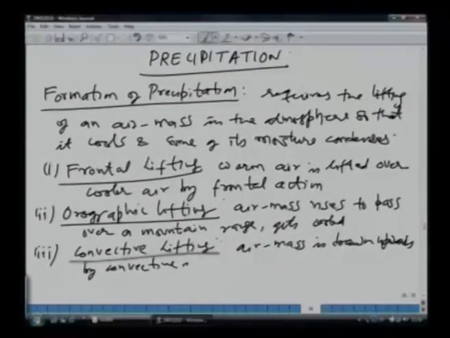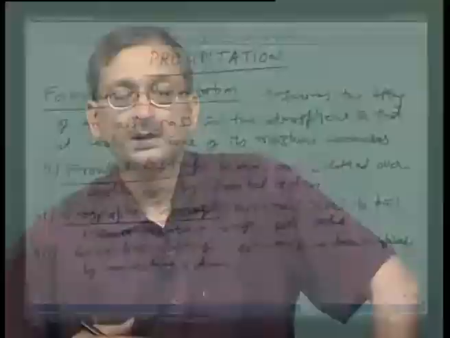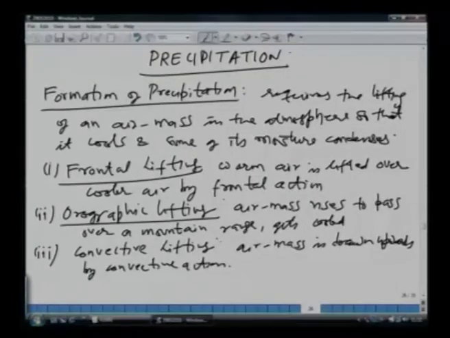What is convective action? Well, just the difference of temperature in the height; due to the difference in temperature, the temperature gradients set up the air gradients, and then the warm air gets lifted up. And the corresponding rainfall that occurs is called the convective precipitation.